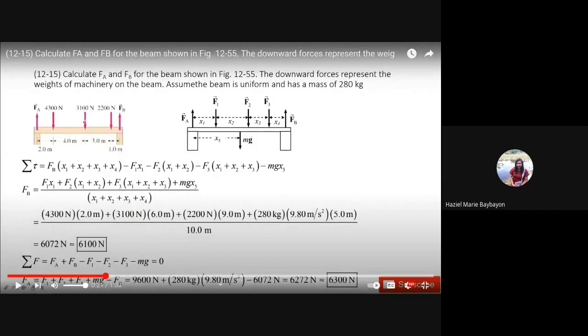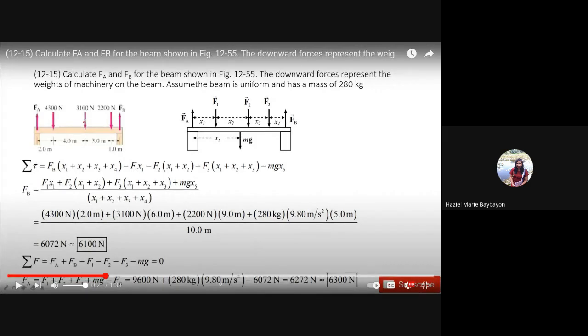So let's start by having the summation of torque. So you have summation of torque is equal to 0, wherein the torque, let me see.